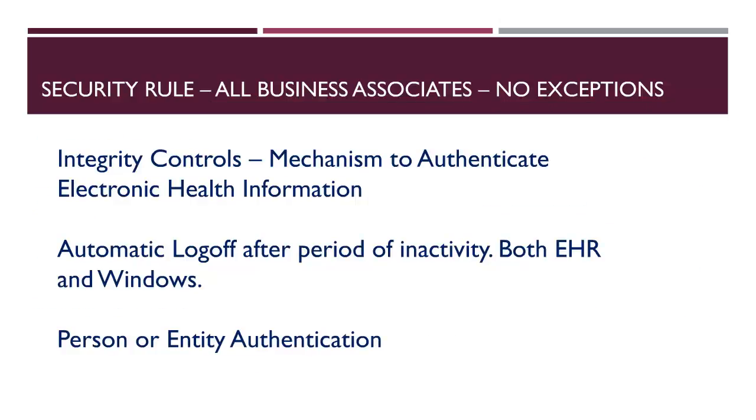Other HIPAA security rule requirements are that there are integrity controls in place to make sure that the information is not altered, automatic log off after a period of inactivity for both the EHR system and Windows, and of course person and or entity authentication.